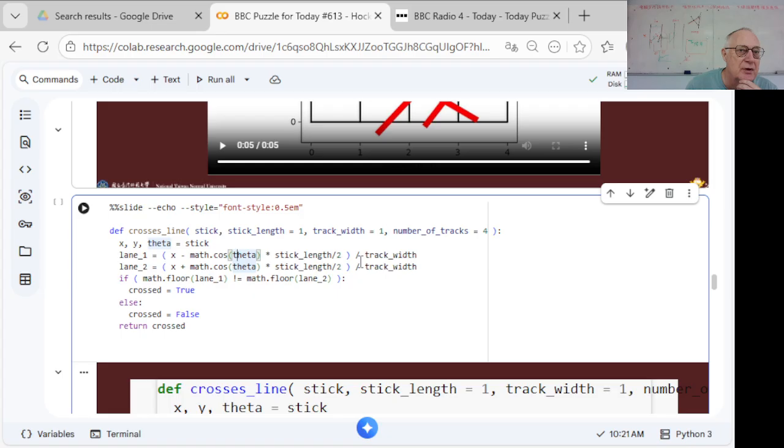The start and the end point would have to be in two different tracks. So I calculate the leftmost point and the rightmost point, the x-coordinate, and then check if it's in a different track width bucket. So that gives me whether it's cross or not cross.